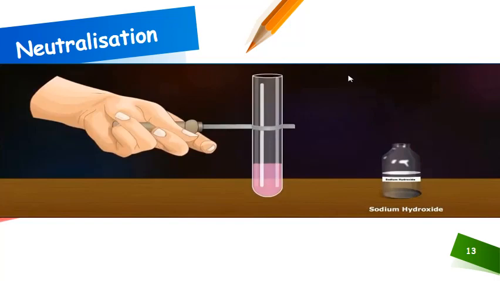Then you add more base, and only then it will convert into pink color. Which color do you observe now? It is pink. That means here the basic content is more and the acidic content is less. In terms of concentration, acidic concentration is less and basic concentration is more.